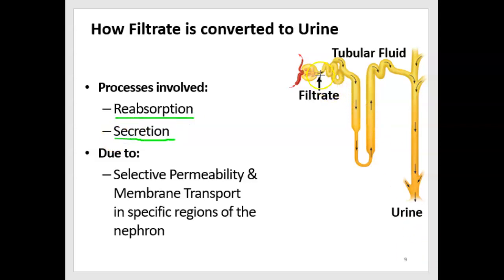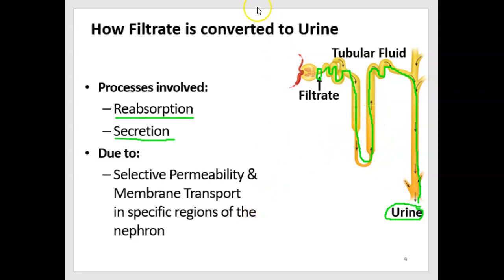Now, we call the fluid that escapes the blood or is filtered out of the blood filtrate. And as this fluid moves through the nephron, its composition is going to change. So we just call it tubular fluid until it gets into the renal pelvis, and then we can call it urine because then it's in its final form.